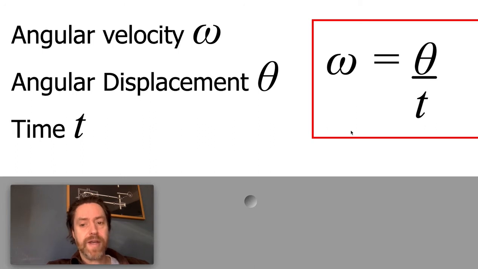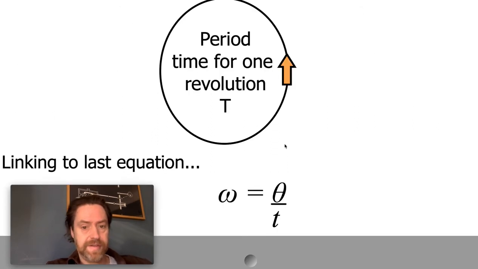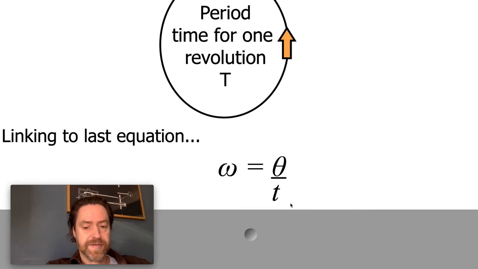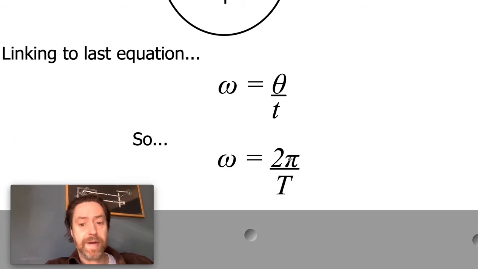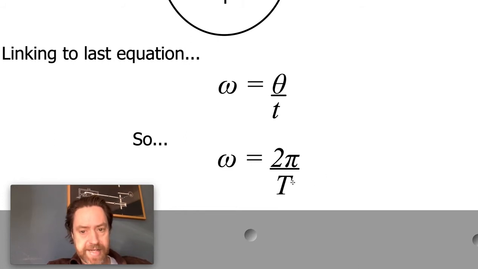So the other way of determining omega is by knowing the time period for one complete rotation. So, linking to the last equation, omega is theta over t. So we substitute into that 2 pi for the angle that we turn through, a full circle, and capital T rather than little t to represent the time period.